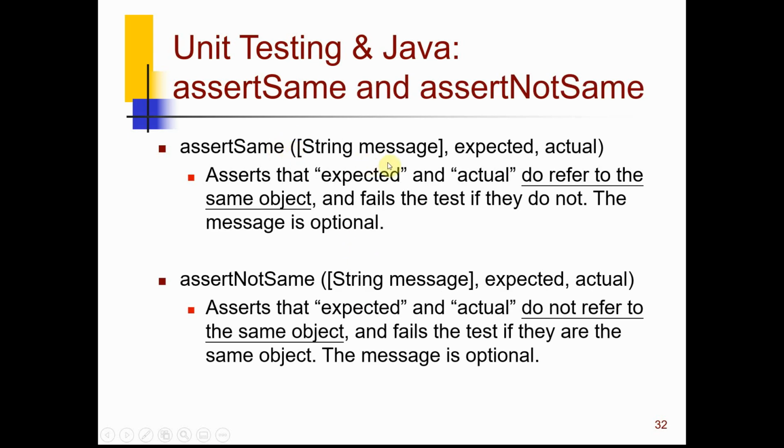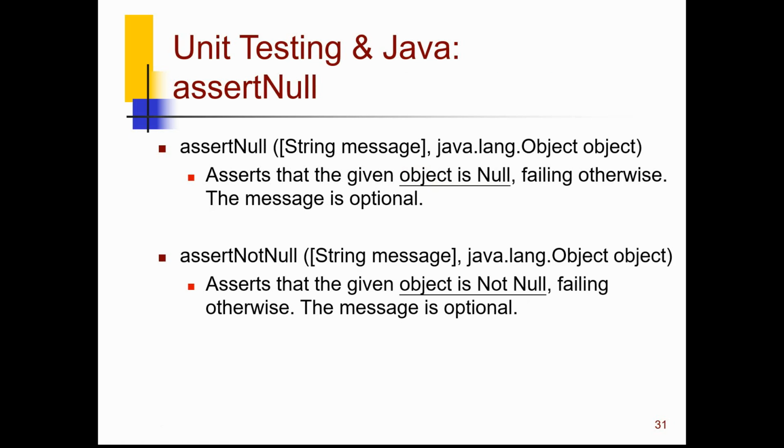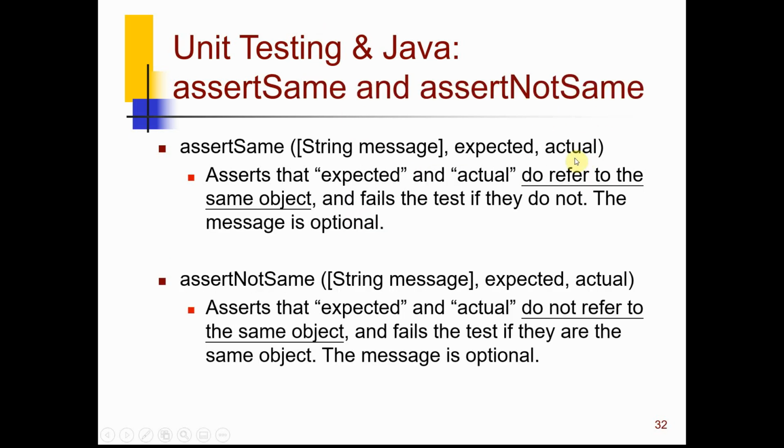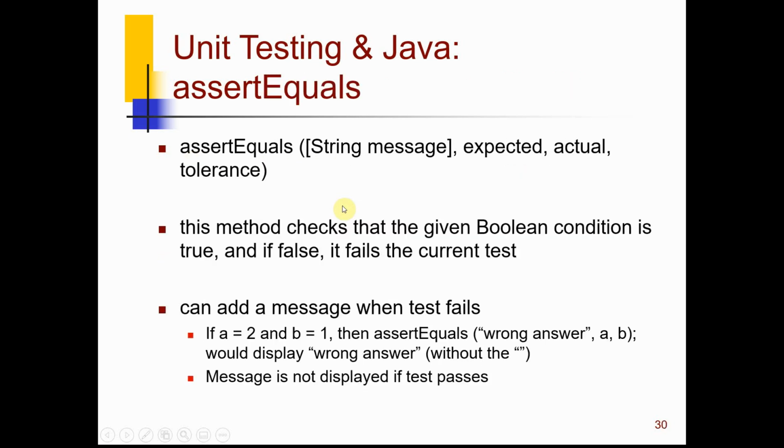Assert same, this also refers to the object. So the none and not none apply to the object. So here you have to fill in an object. So assert same and not same is also, the expected and actual here actually refer to the object. So we'll see that we have assert same and assert equal.